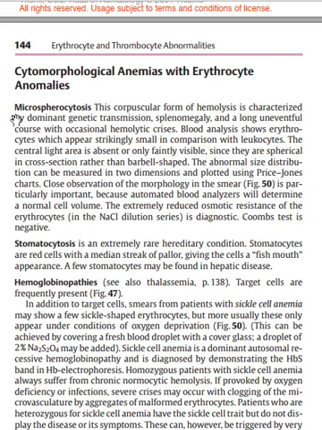We have microspherocytosis. Is it clear? This is a corpuscular form of hemolysis characterized by dominant genetic transmission, splenomegaly, and a long uneventful course of occasional hemolytic crises. You have a morphological change in the red blood cells, so red blood cells are going to resemble a particular shape.